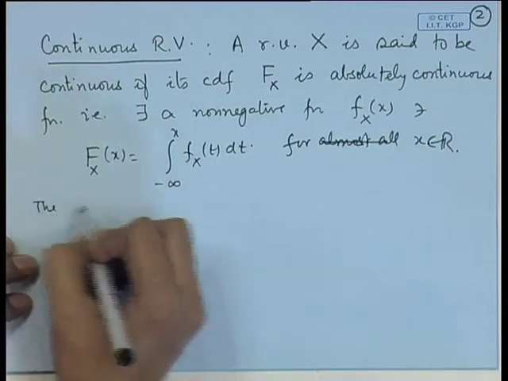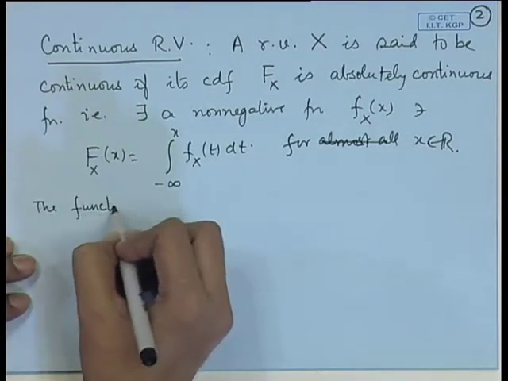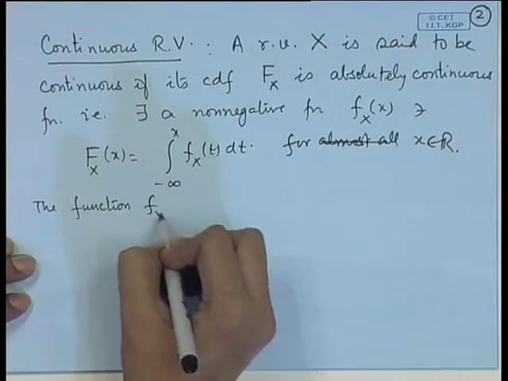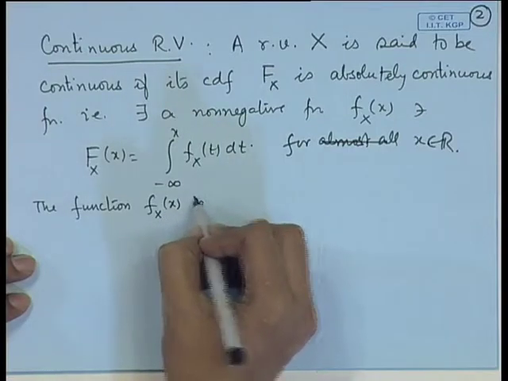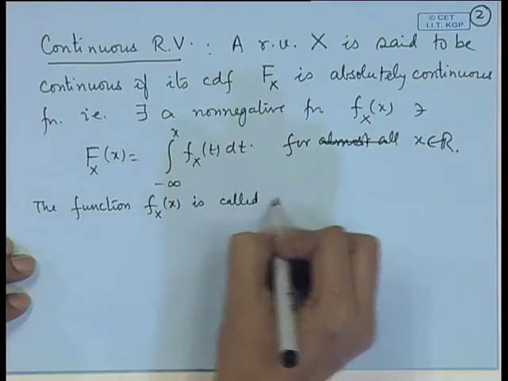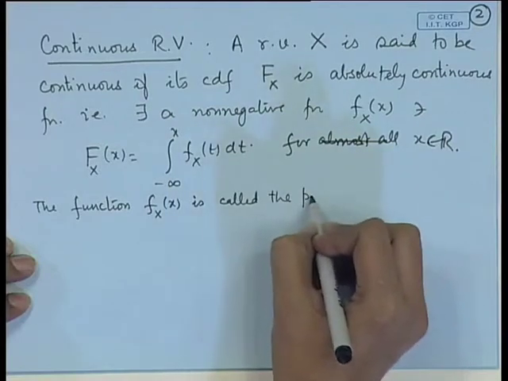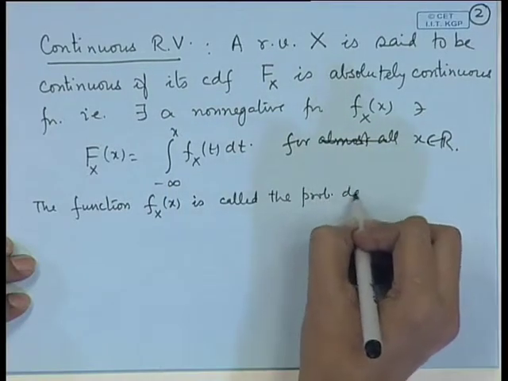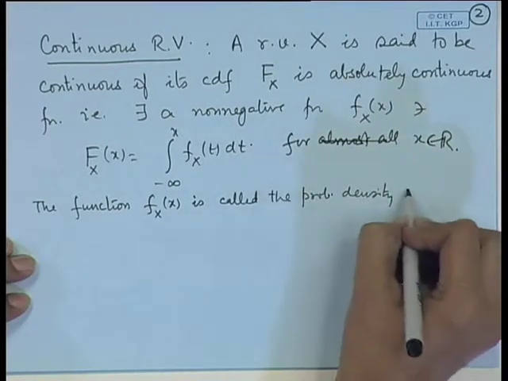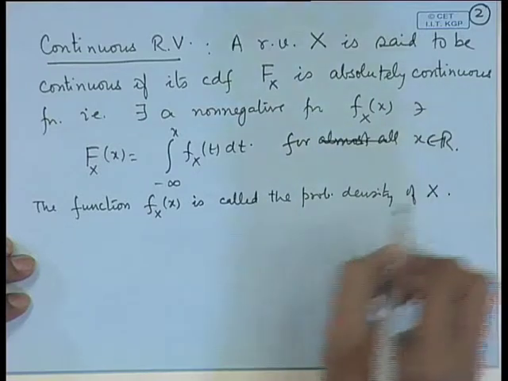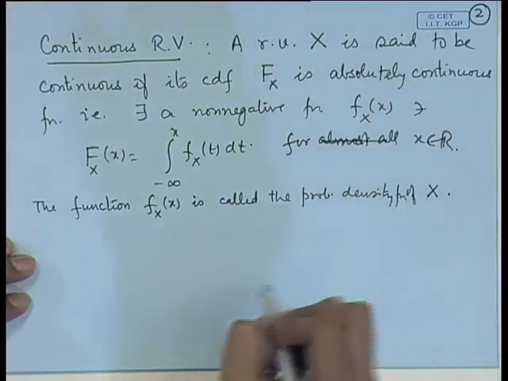The function f(x) is called the probability density function of X, or PDF.